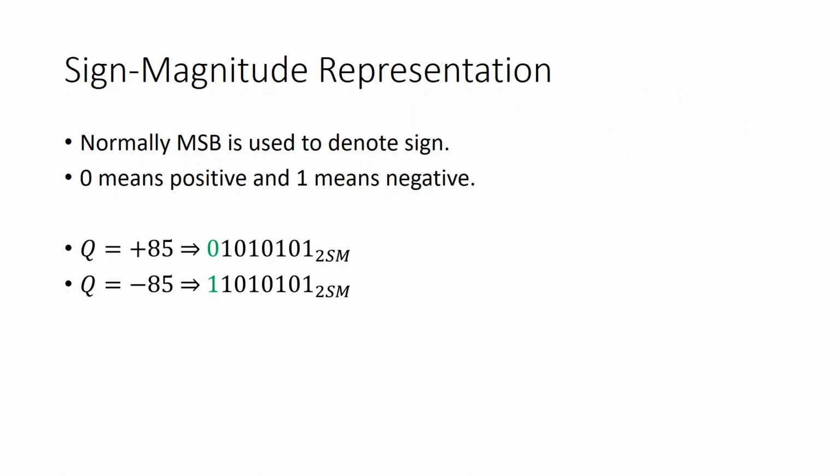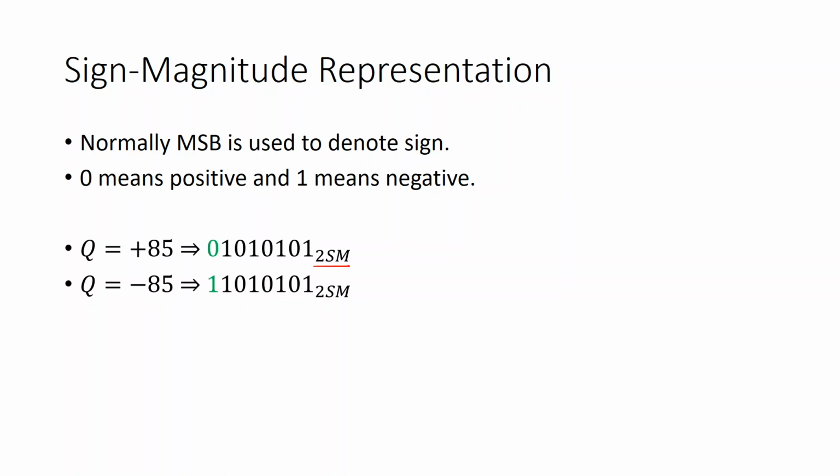Here is another example where we are trying to represent plus 85 and minus 85 in signed magnitude. 2sm, why 2? Because it is binary sign magnitude. 2 means binary, sm means sign magnitude. So we are denoting it with a suffix after the number.